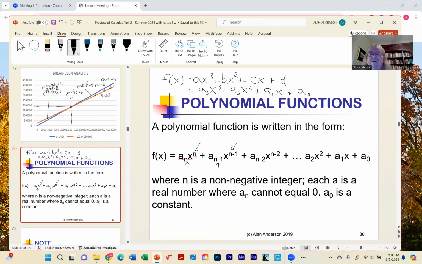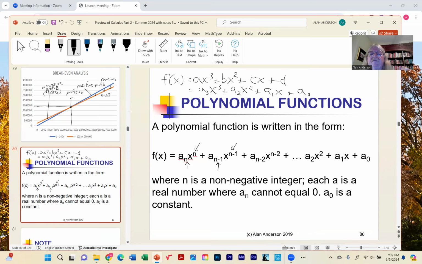And so what we're seeing here is that a cubic function is a special case. It is a polynomial of either order or degree 3, it's sometimes called. Either way, whether we call it the degree or the order, it means the highest exponent in our polynomial.